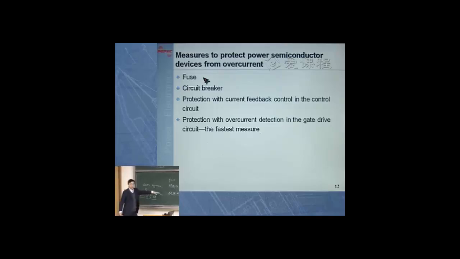They are basically talking about circuit breakers. Switchgears means circuit breakers, high voltage circuit breakers or low voltage circuit breakers. Okay, so we can use a circuit breaker to protect.